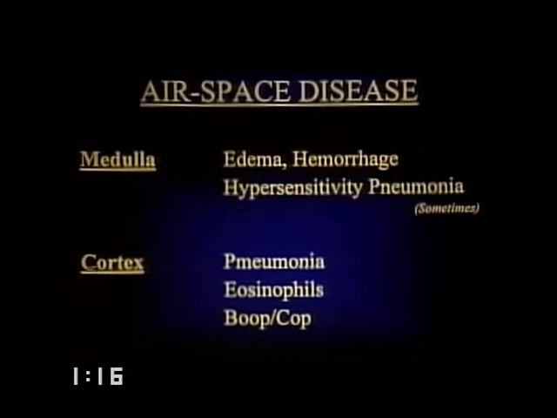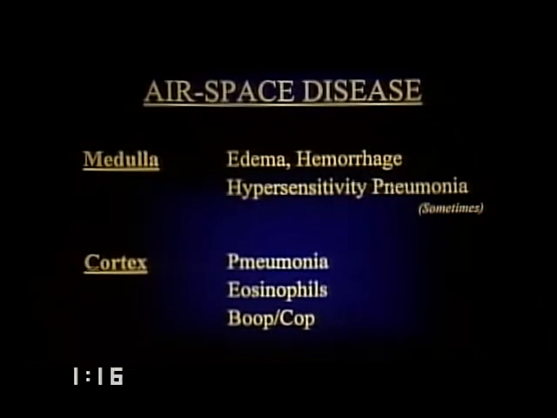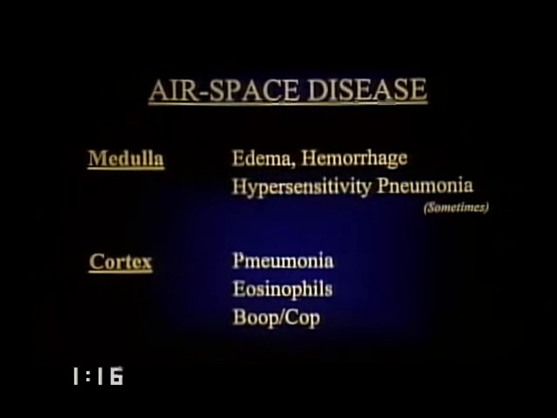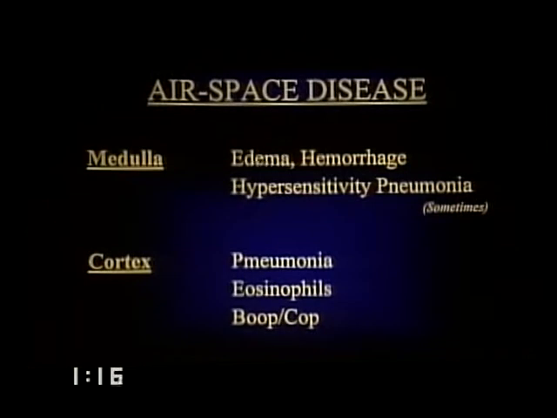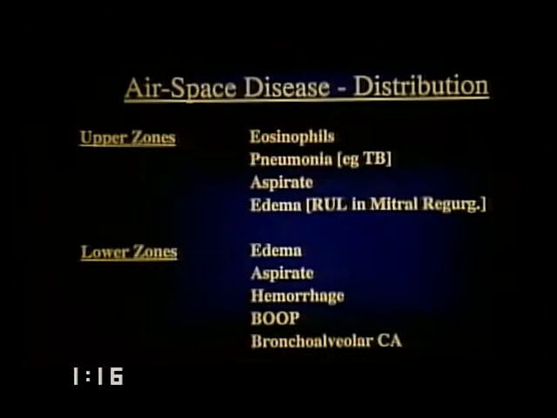As with interstitial disease, the medulla or the cortex may be dominantly involved, the upper zones or the lower zones may be dominantly involved, and the distribution of the diseases that can produce these are listed in the slides. And there is some overlap, as you will have noticed, between these and the slides I showed for interstitial disease.